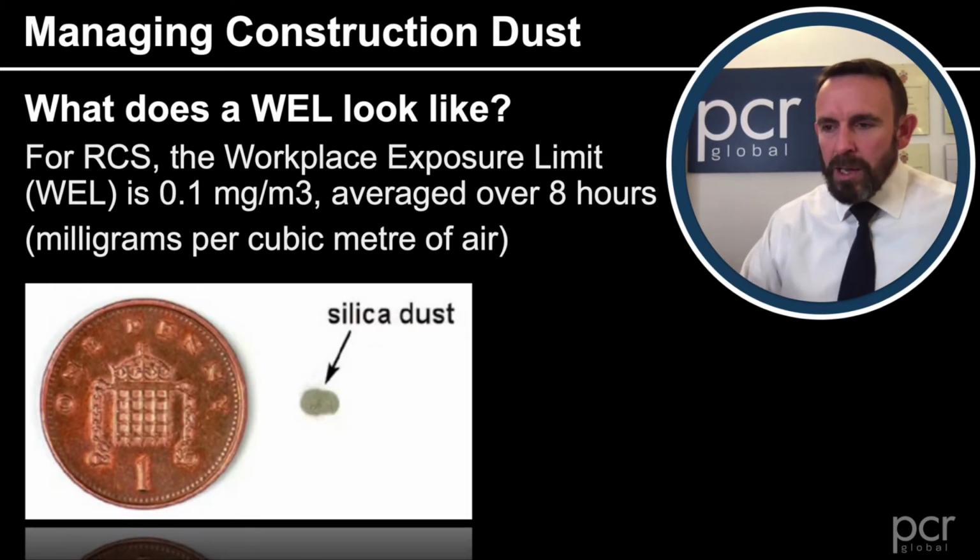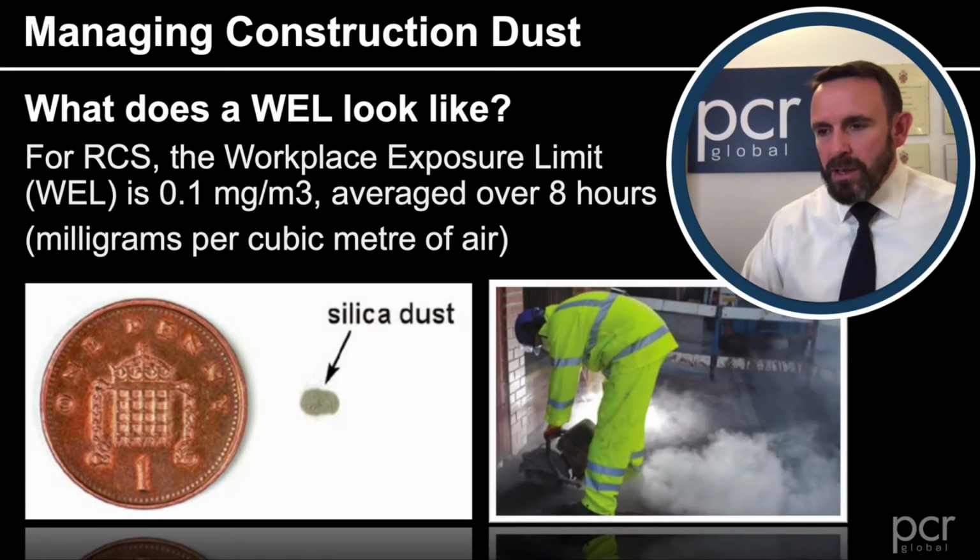Well, there we can see a penny, and we can see the amount of silica dust that I wouldn't say is safe to breathe in, but that is the amount of dust we're actually talking about. If you look at the photograph on the right hand side, there's uncontrolled cutting there with a saw, and you can imagine that that amount of dust would rise quickly to the actual workplace exposure limit.